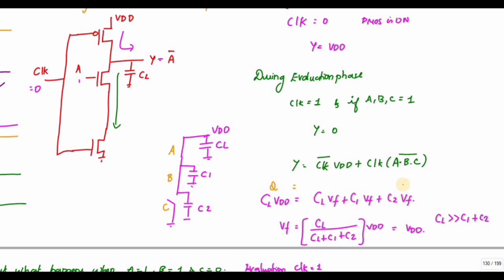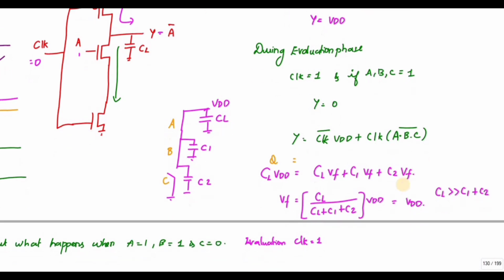I need to eliminate this problem. I can write VF = CL divided by (CL + C1 + C2) times VDD. In order to avoid the charge sharing problem, I have to make CL much greater than C1 plus C2.